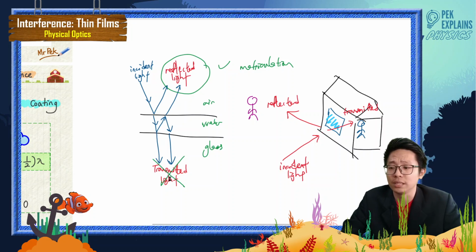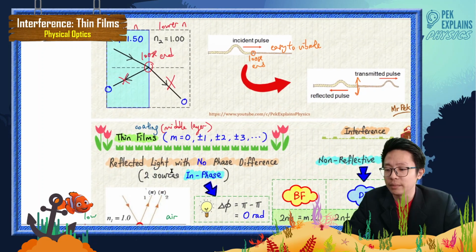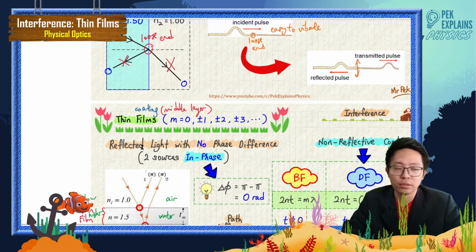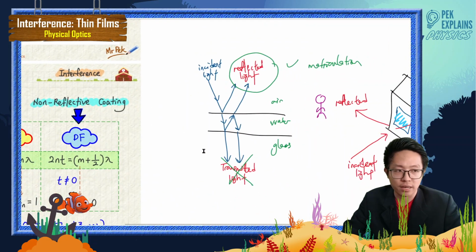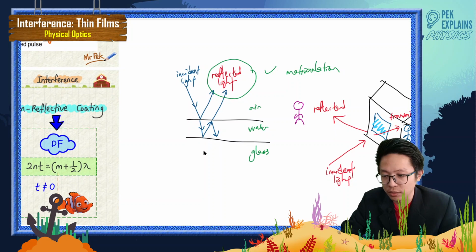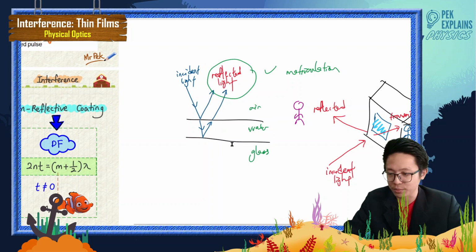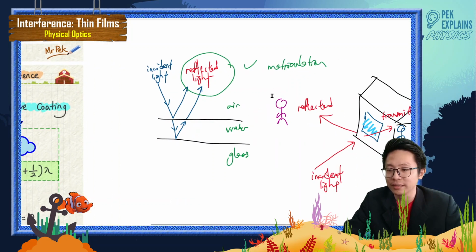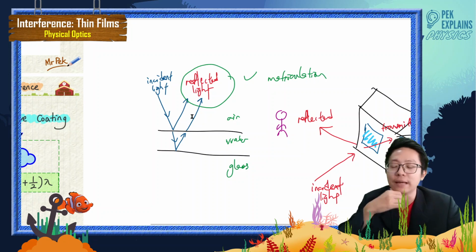Our syllabus is just learning about reflected light. We don't learn about transmitted light in thin films. Okay, just ignore this part. No need to learn about the transmitted light. We just learn about the reflected light, enough.